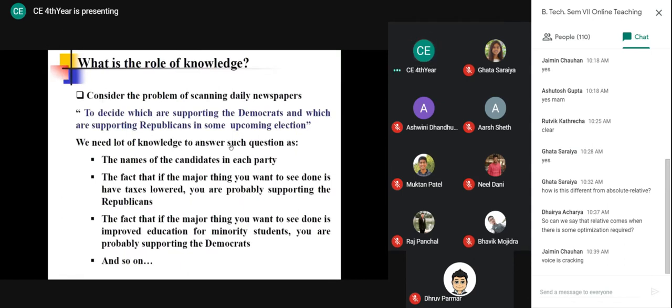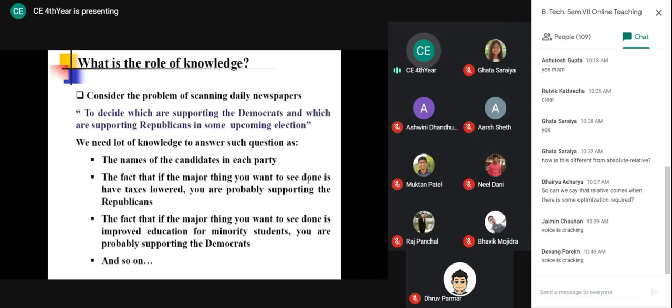Which type of knowledge is required? The candidates in each party; the fact that if the major thing you want to see is lower taxes, then you are probably supporting the Republicans; the fact that if the major thing you want to see done is improved education for minority students, then you are probably supporting the Democrats, and so on.